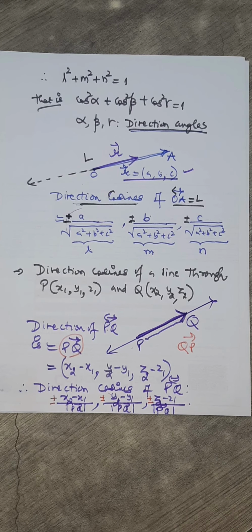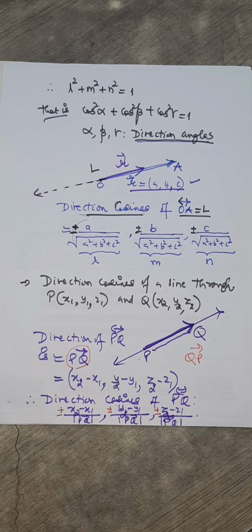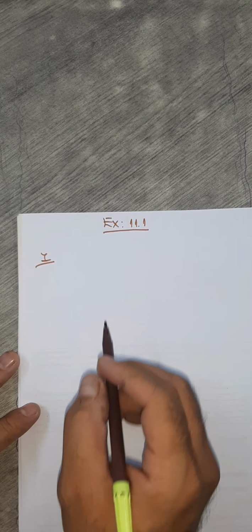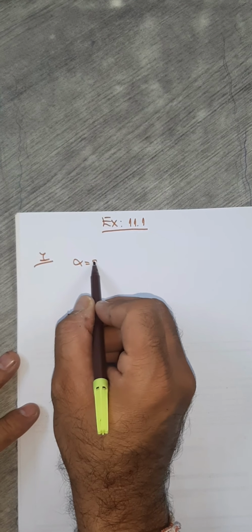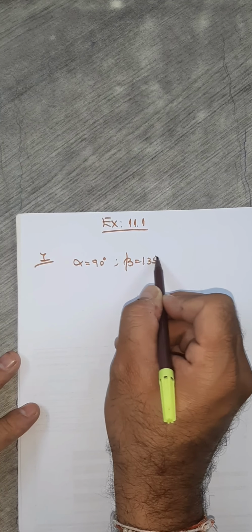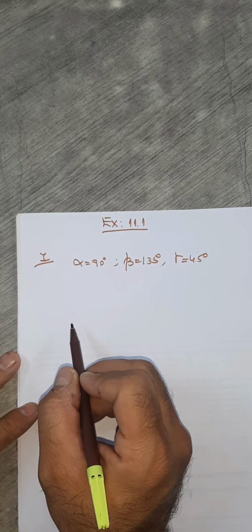Now let's see exercise 11.1, that is just based on this only. First question, a line makes angles alpha equals to 90 degree, beta equals to 135 degree, and gamma equals to 45 degree with 3 axes.